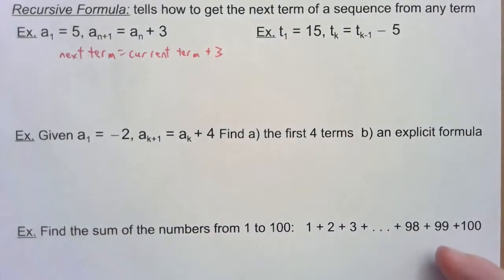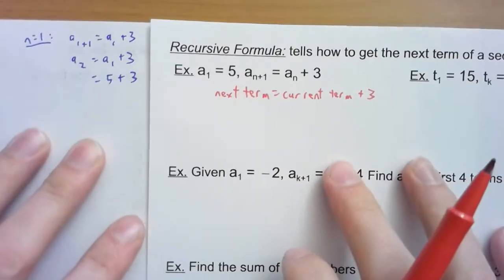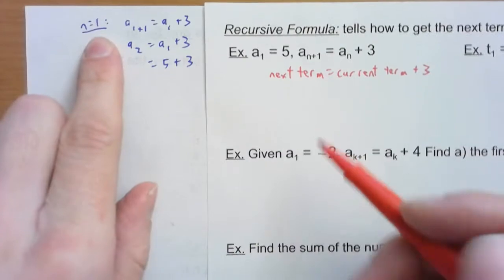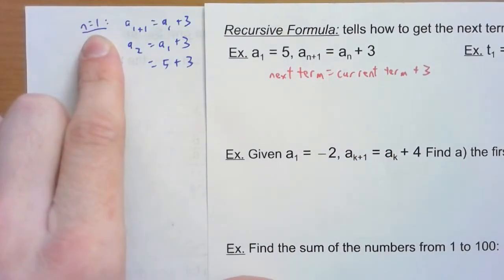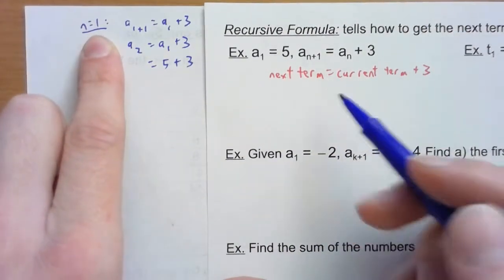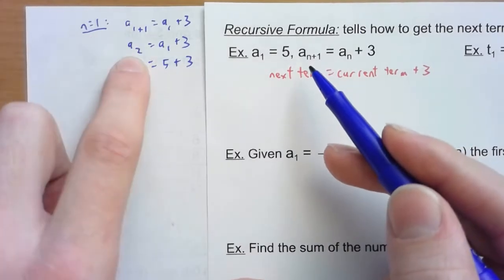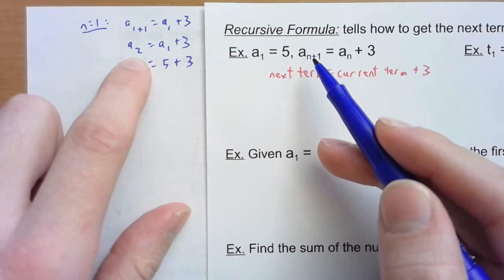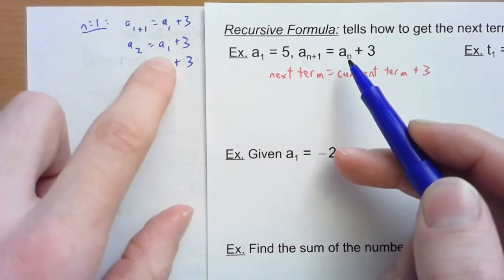Okay. Let me show you what I mean here. So let's say that we made n equals 1 for this formula here. If n equals 1, then when I plug this in, this n plus 1 becomes 2 right here. I get a sub 2 on the left side, and then this right here is a sub 1 plus 3.